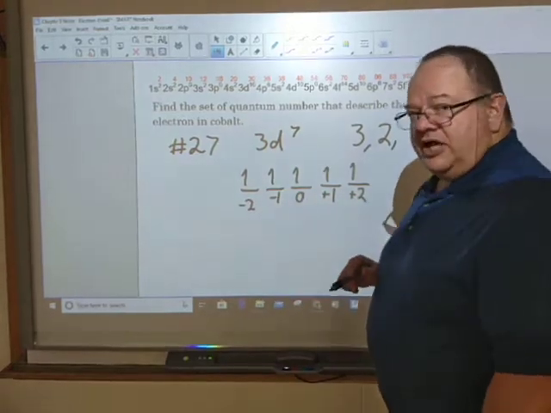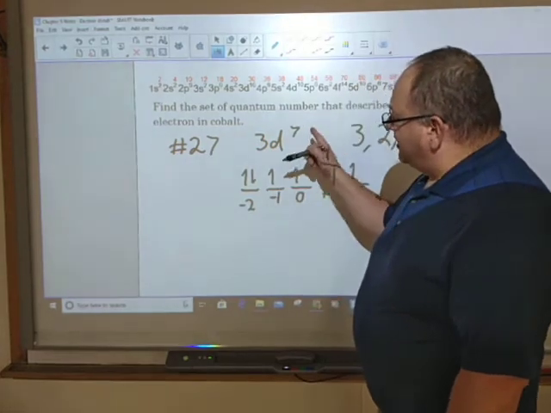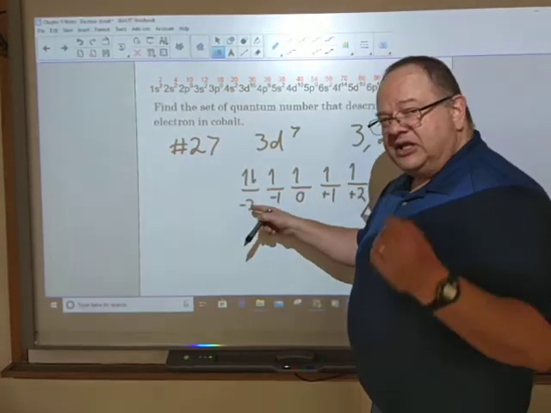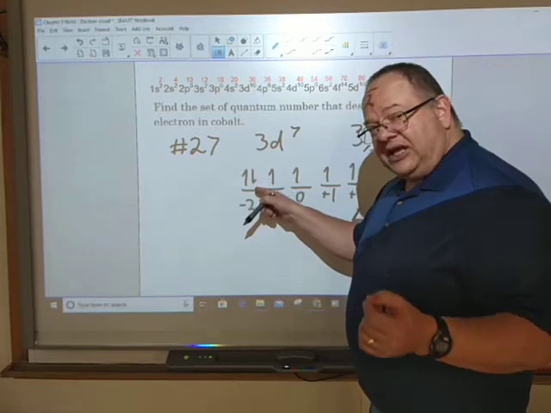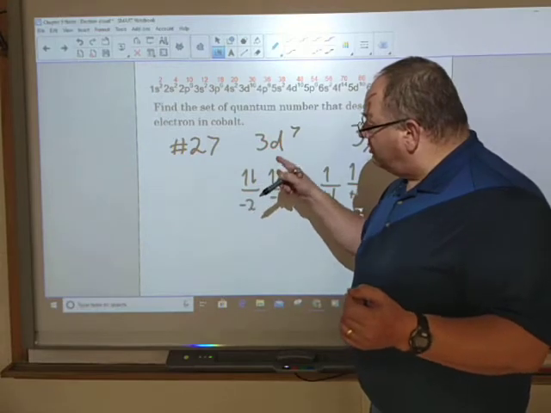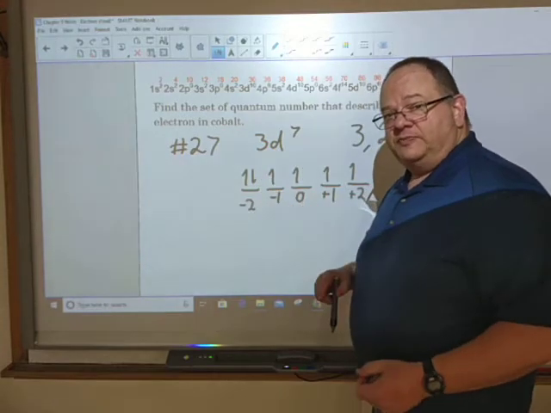Now that I've got 1 electron in each, I go back and I start doubling up. So my 6th electron went into the -2 orbital, and that was the 2nd electron in there, so that electron has a value of -1/2 for the spin.